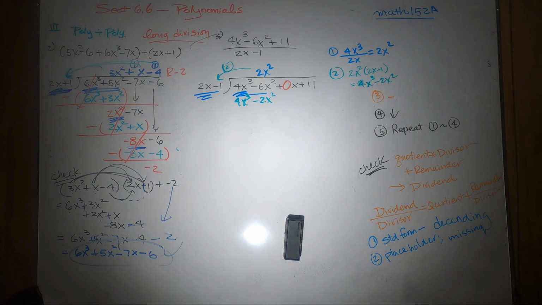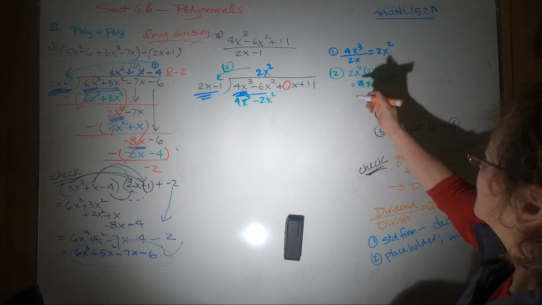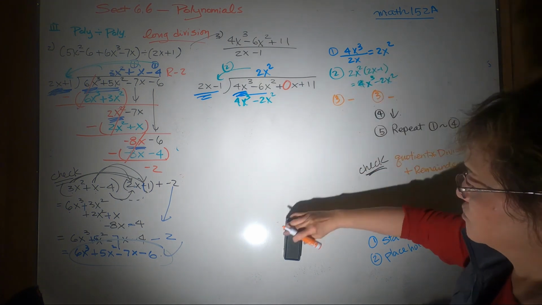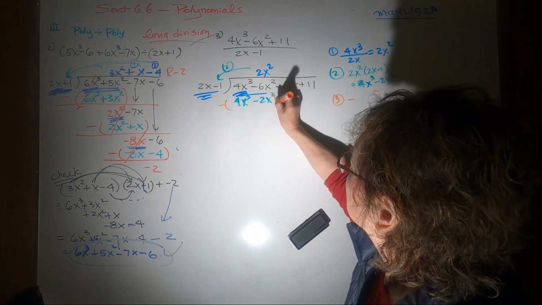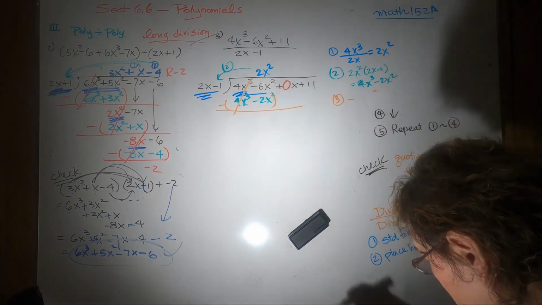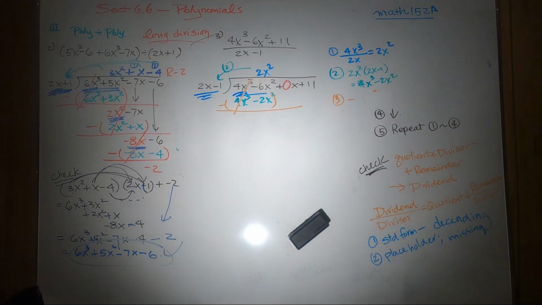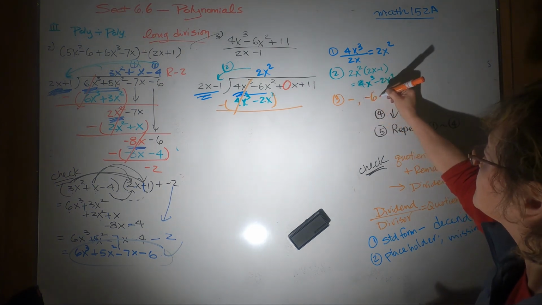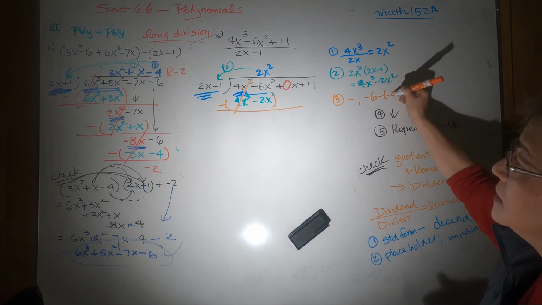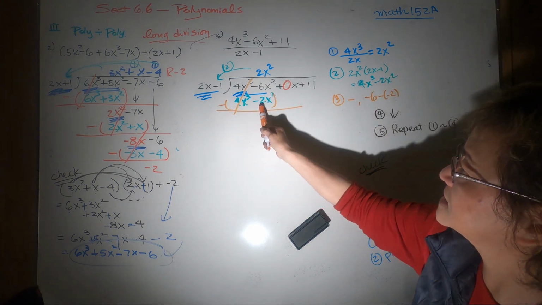And the next step, we need to subtract. So you subtract them. The first term always cancels out. Then for the next one, be careful, when you subtract you can make mistakes. So what do you have? Negative 6 minus negative 2.